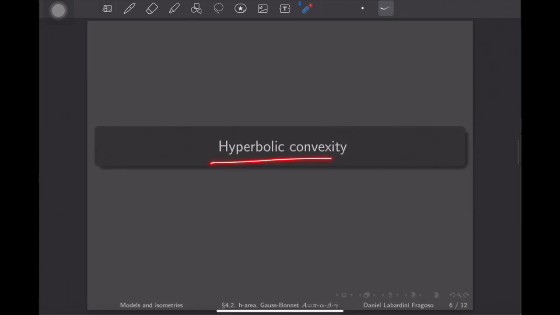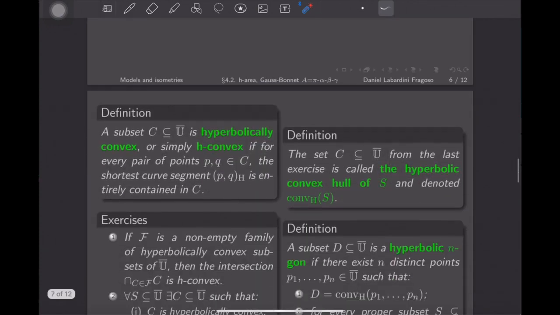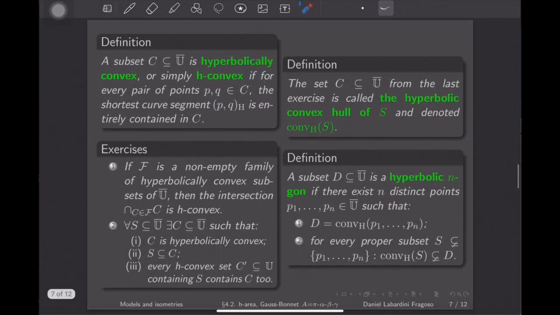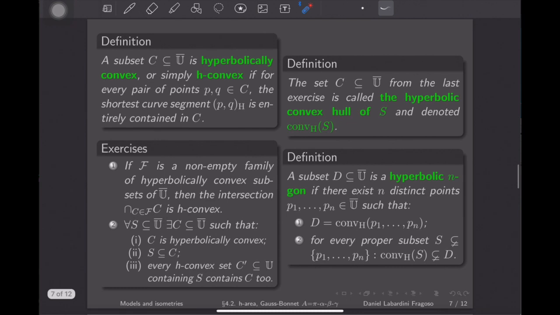Now let me introduce hyperbolic convexity, which is an ingredient in the Gauss-Bonnet formula, but also an ingredient when we speak about the Dirichlet polygon of a Fuchsian group in some forthcoming lecture.